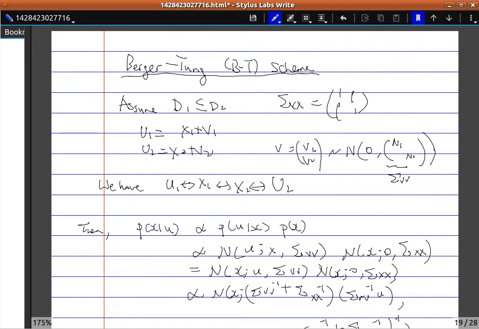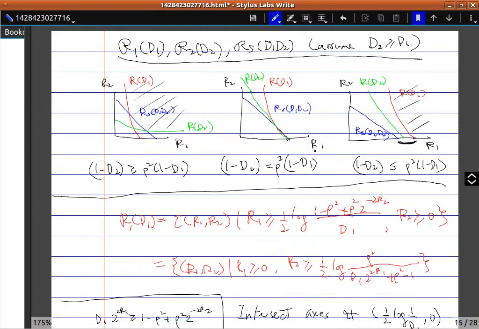So what we just showed is basically, if this condition is satisfied, then this weight region will be basically R1D1 will be inside both other regions. So therefore we can just consider this weight region here.